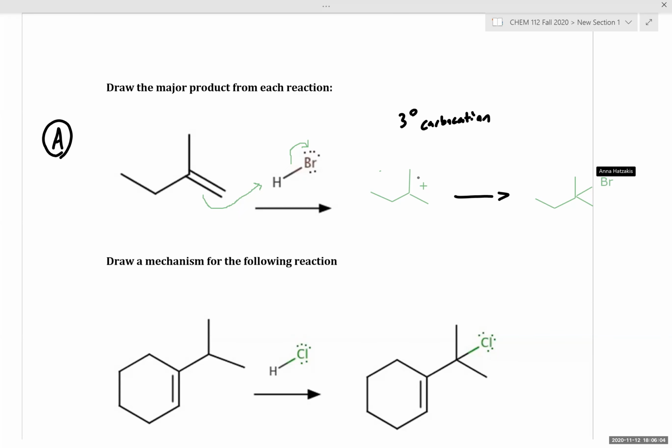So we see a student response where we have the bromide adding at our tertiary carbocation site to form a carbon-bromine bond. Would someone like to draw an arrow pushing mechanism for that step? Would someone like to draw out an arrow pushing mechanism to help us see that attack step to form our critical carbon-bromine bond?